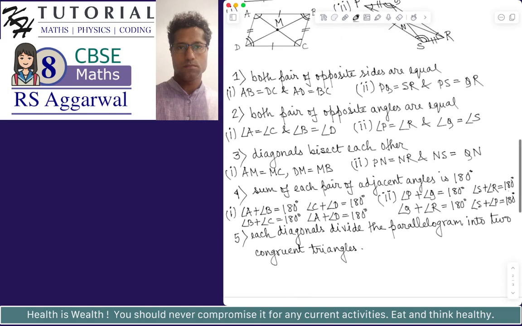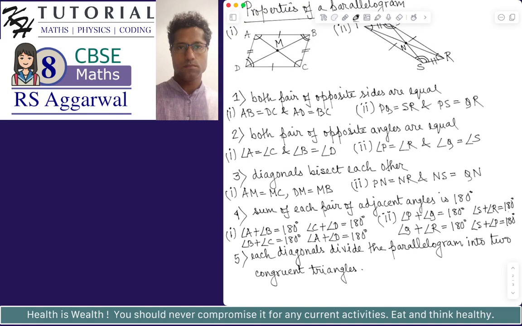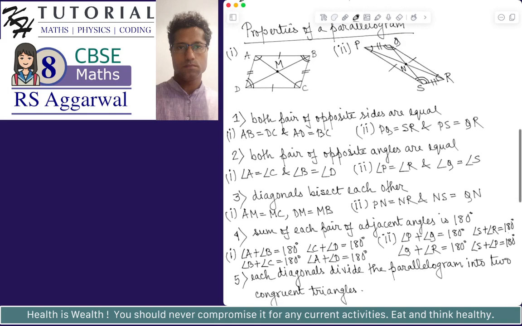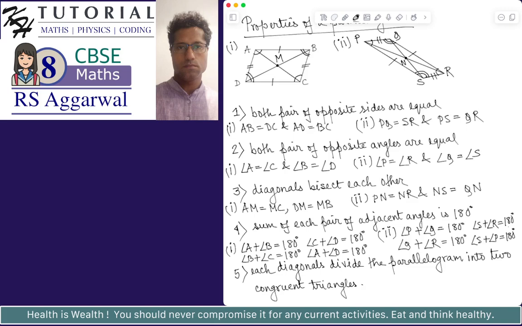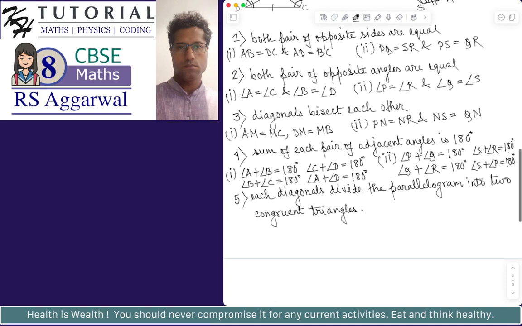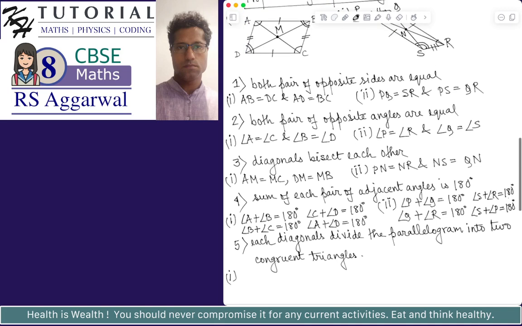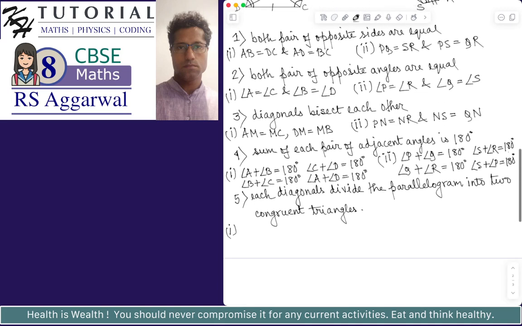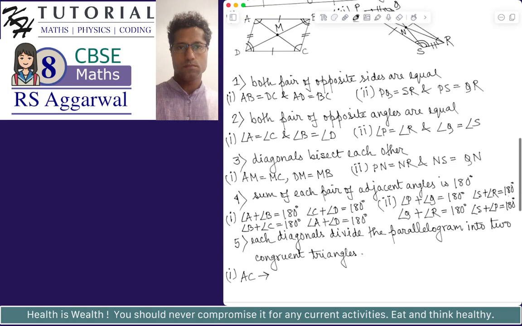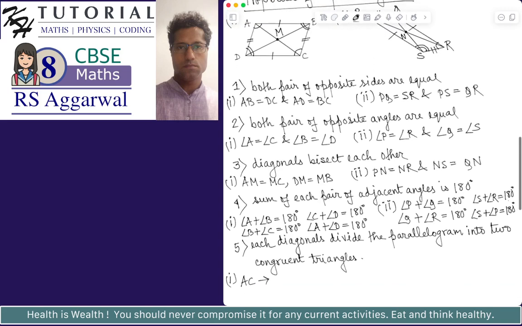The last property is that each diagonal divides the parallelogram into two congruent triangles. So if you consider one diagonal in a parallelogram, it will divide the parallelogram into two triangles and they are congruent. For figure 1, if I consider the diagonal AC, it is dividing the parallelogram into two triangles.